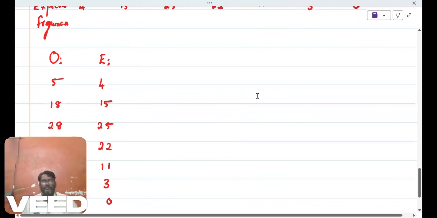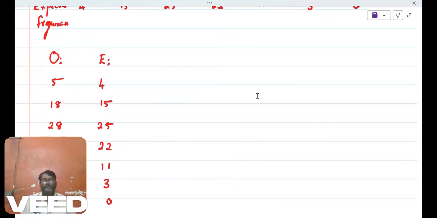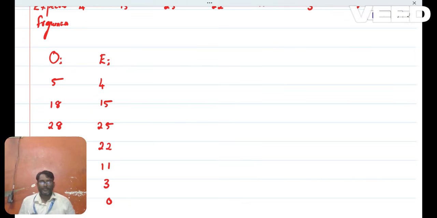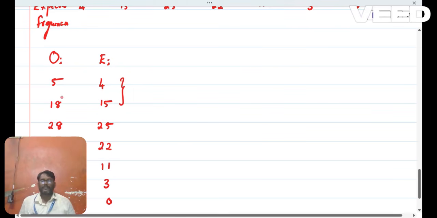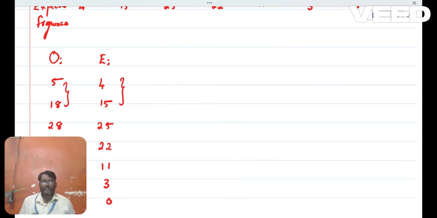So in the chi-square test, the frequencies should be greater than or equal to 10. So we have to merge the frequency with the neighbor. We merge these two, and these two. If I merge 6 plus 4, I will get 10, whereas if I merge 0 and 3, I will get just 3.